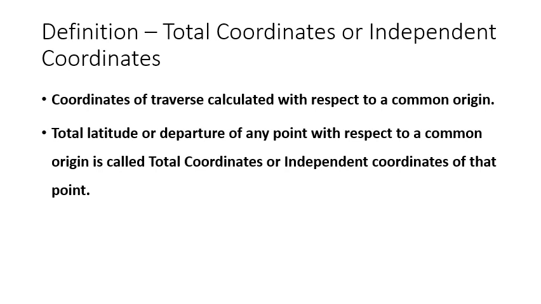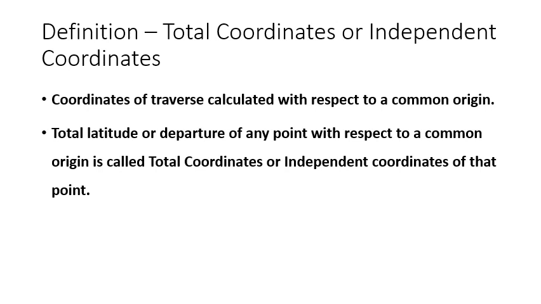With respect to that origin, where is Alappuzha? What is the total coordinates to Ernakulam? What is the total coordinates to Thrissur? With respect to Trivandrum, what is the total coordinates to Malappuram?